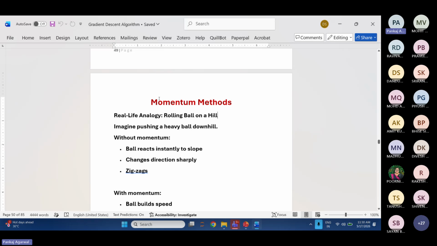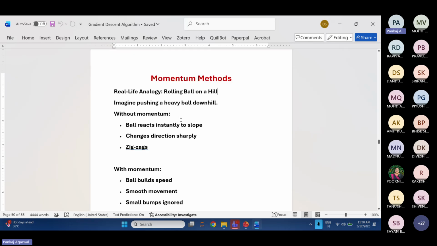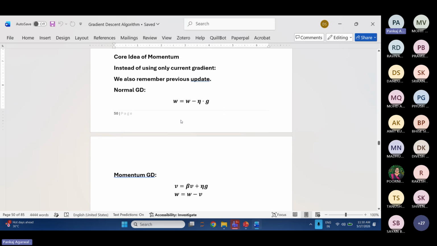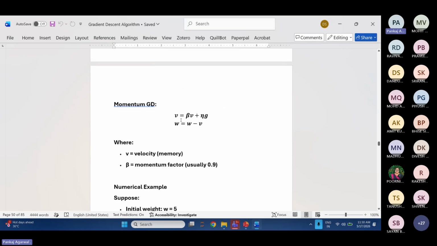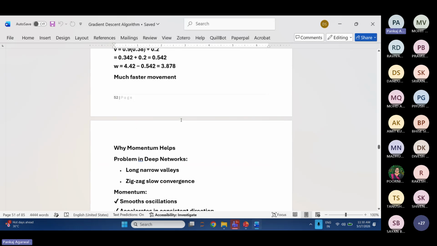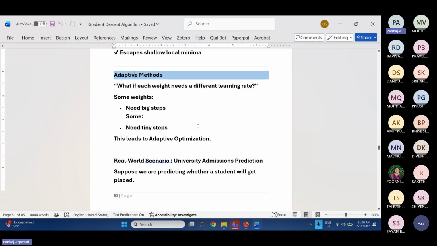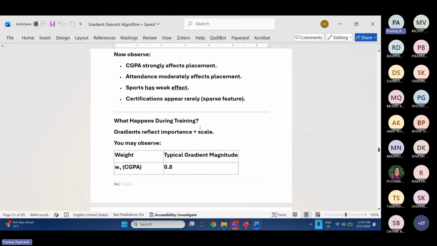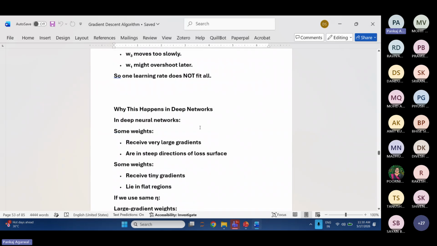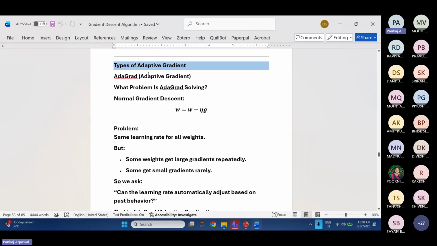This is very important: momentum methods, right? Where you would start talking about something called adaptive methods. Have you heard about these types of adaptive algorithms, that is AdaGrad and all those?